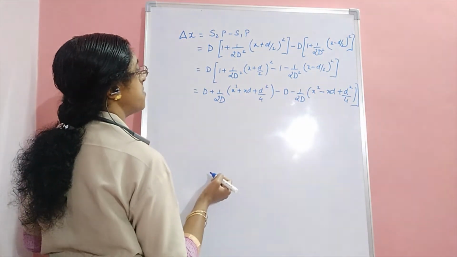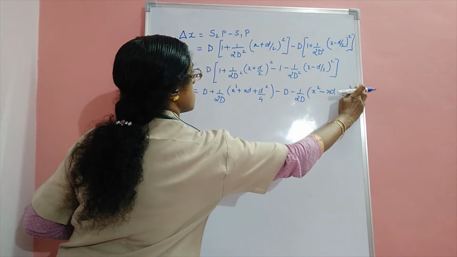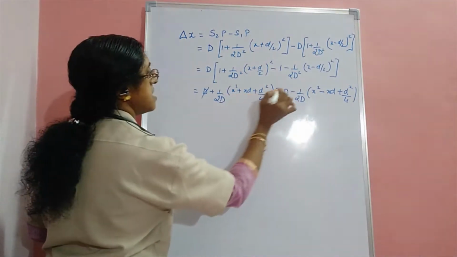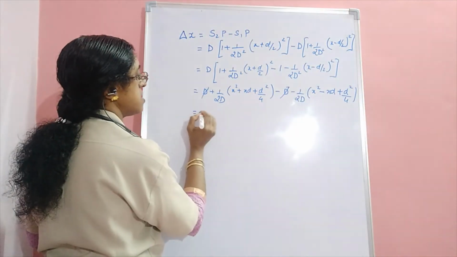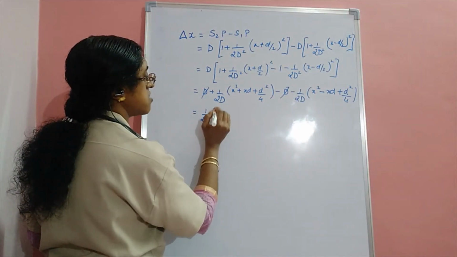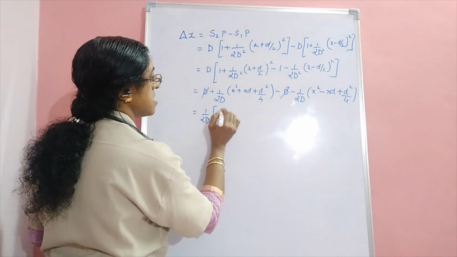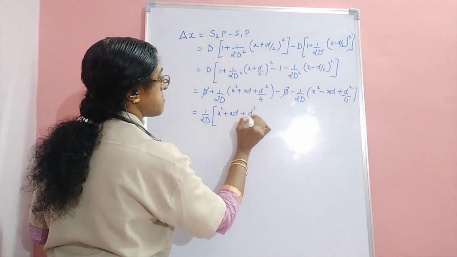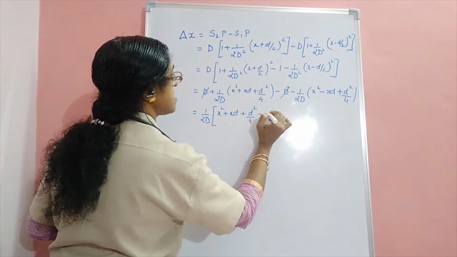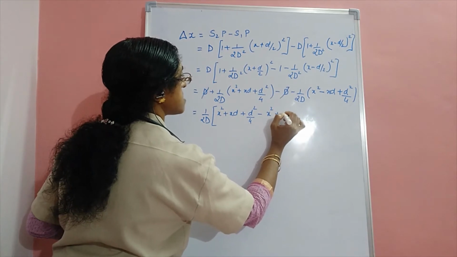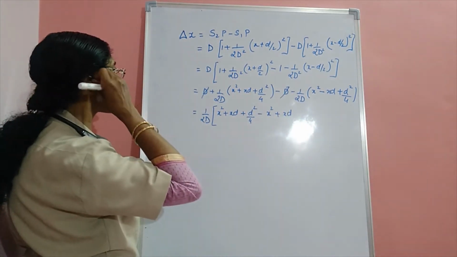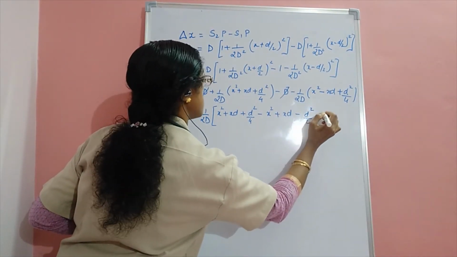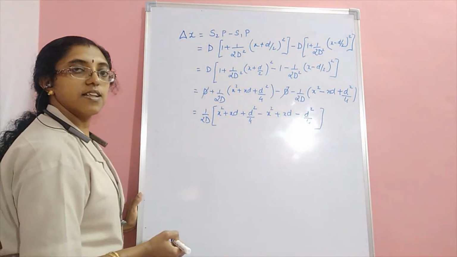This is what we get. Now again opening up, d gets cancelled, right? 1 upon 2d, and taking it out common, what do I get? x square plus xd plus d square by 4 minus x square plus xd minus d square by 4. This is the term that is left out.